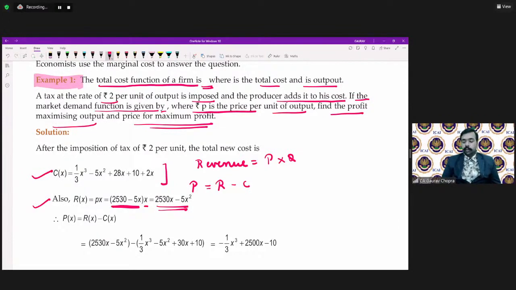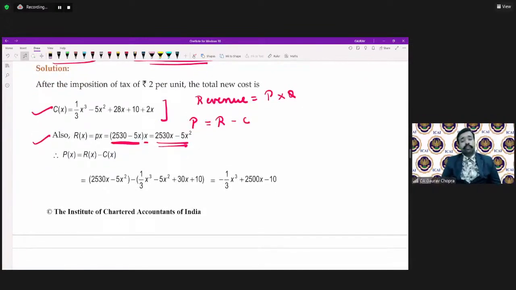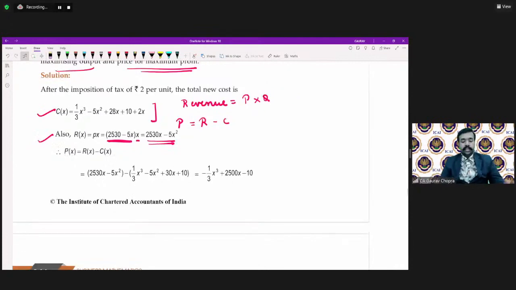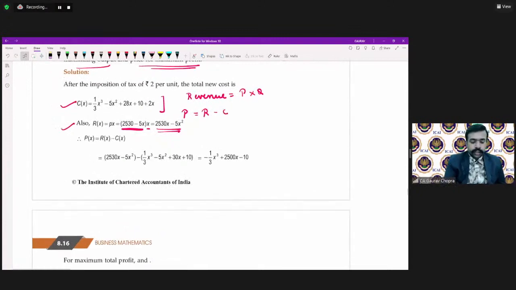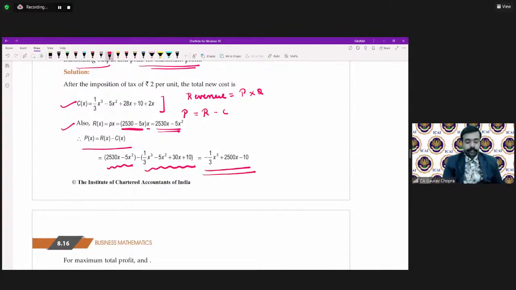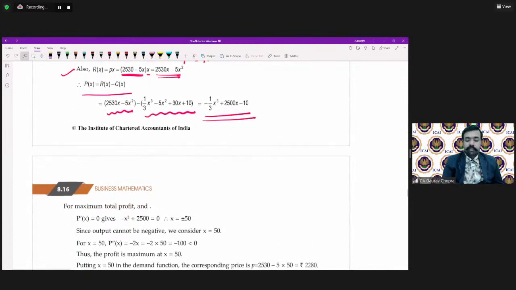We have the revenue function and the cost function, so we can take the difference and get the profit function. This is the revenue function, this is the cost function, and we have subtracted them. Finally, we have got this as the profit function.